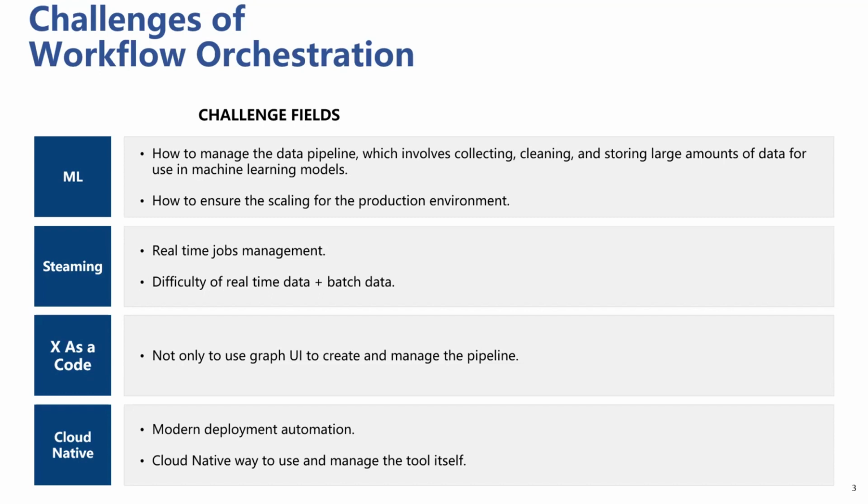And the third category is pipeline as code. That means it's not only about using the graphic UI to create and manage the pipeline. We have to use code and scripts that can represent the pipeline and the workflows.